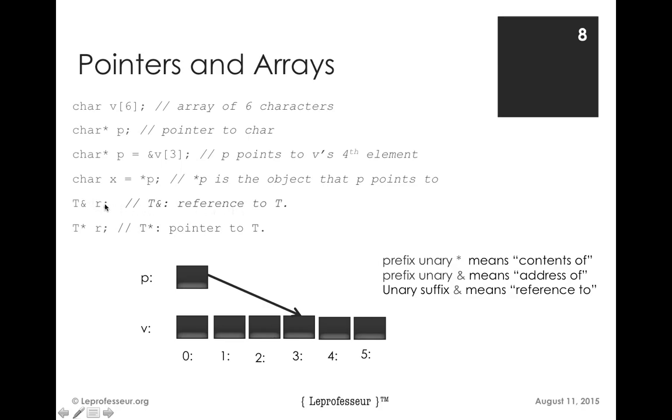So it will always have the reference or the address where it is pointing to. T asterisk is a pointer to t. In other words, t ampersand is a reference to t.